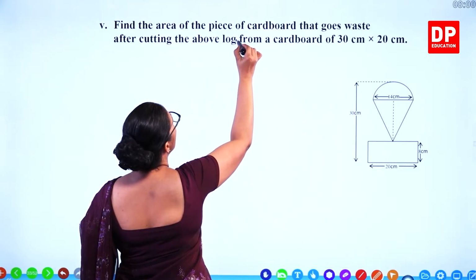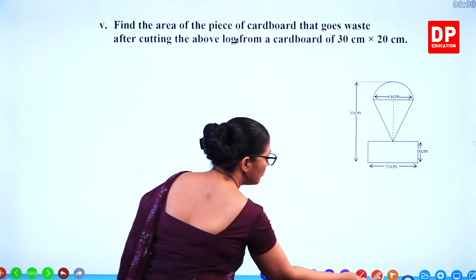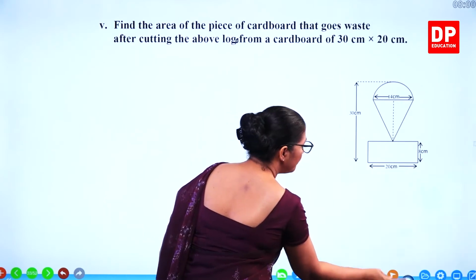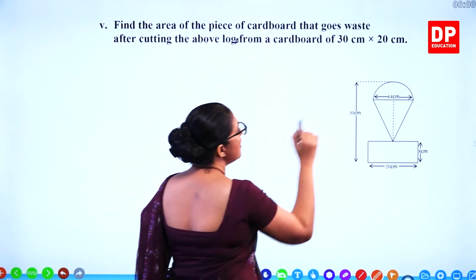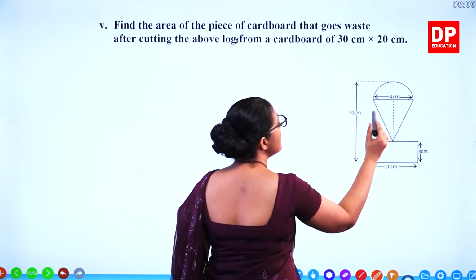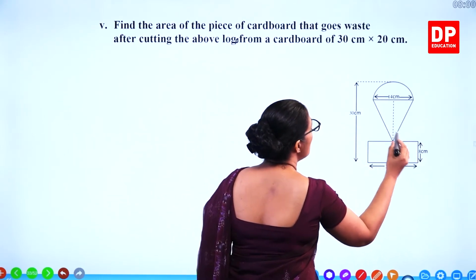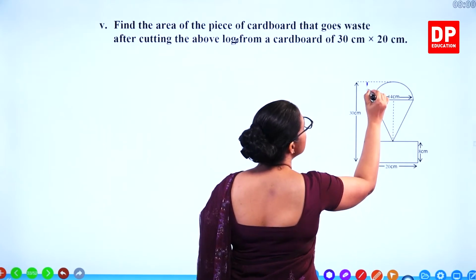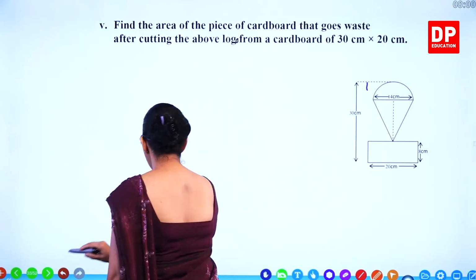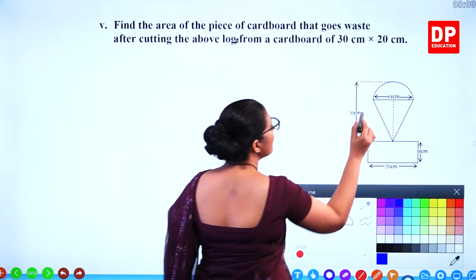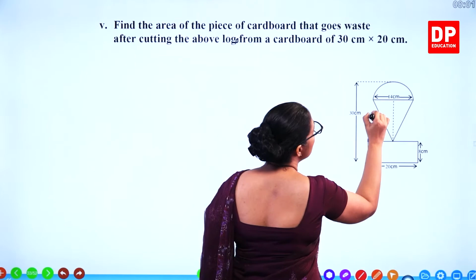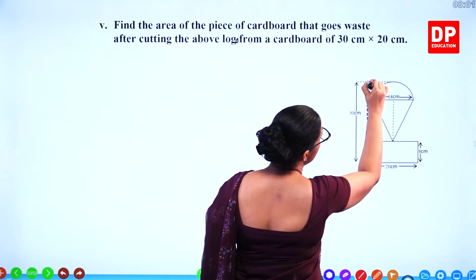So this is the logo. Now 30 to 20, that means you can cut this way 30, so this is 20. So basically what happens, I'll draw the diagram. So this should be the cardboard.